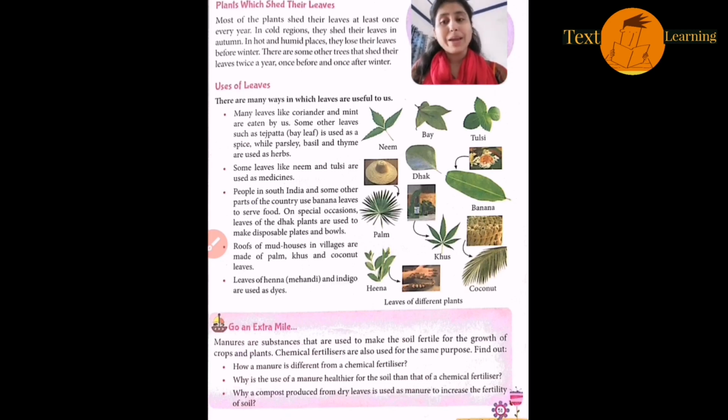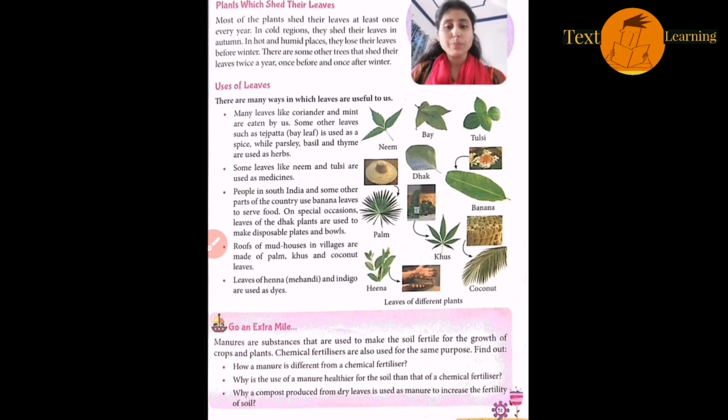So manure, we can say, is a natural fertilizer for the plants. If we want to grow a healthy plant, we can care for our plant with the help of manure, not with fertilizer, because chemical fertilizer sometimes can affect your plants and can damage your plant. Okay, yes.